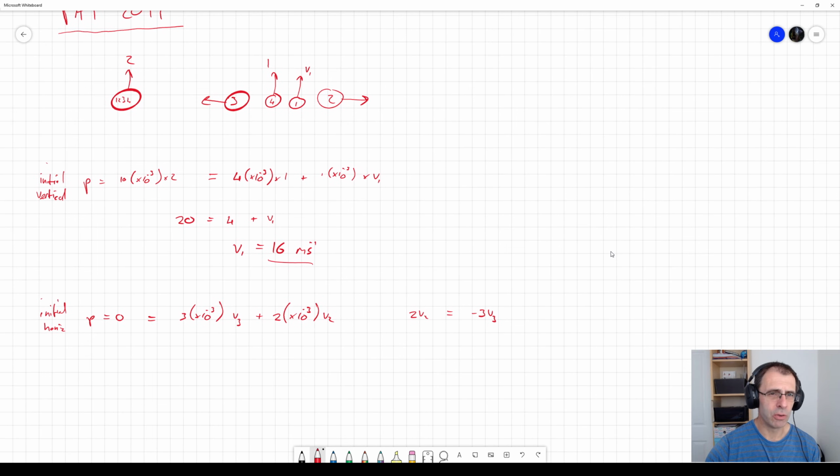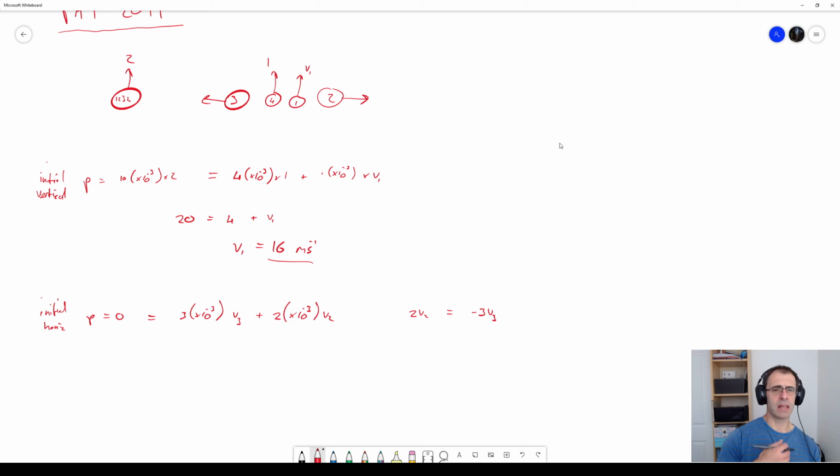The next thing I have to do is think about energy. Let's conserve energy in this setup. So in terms of energy, the initial KE is a half times the total mass, which is 10, and again, this is all in grams, times 2 squared, because it was moving upwards, remember, at 2 meters per second.